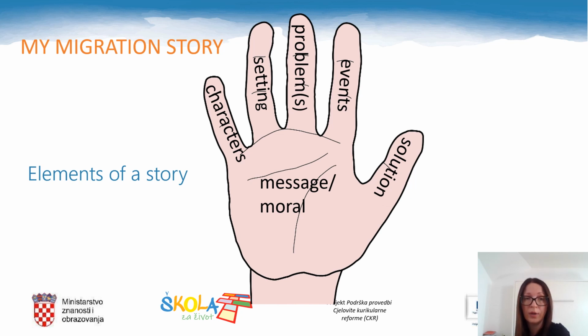The story that you are going to write should also contain all these elements. If you have a story from your own life, your friend's life, your relative's life, you can use it for writing your own story. If you don't have such a story, I will help you.